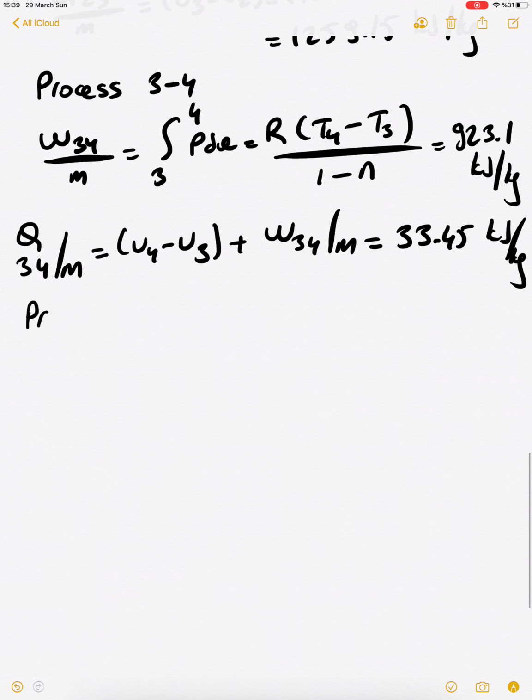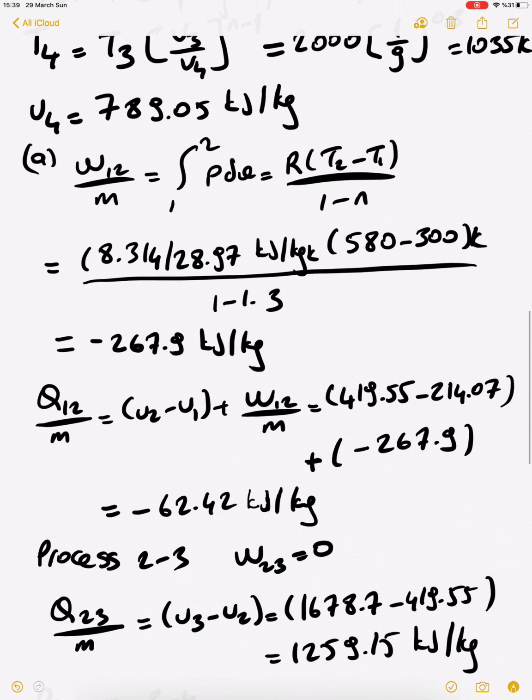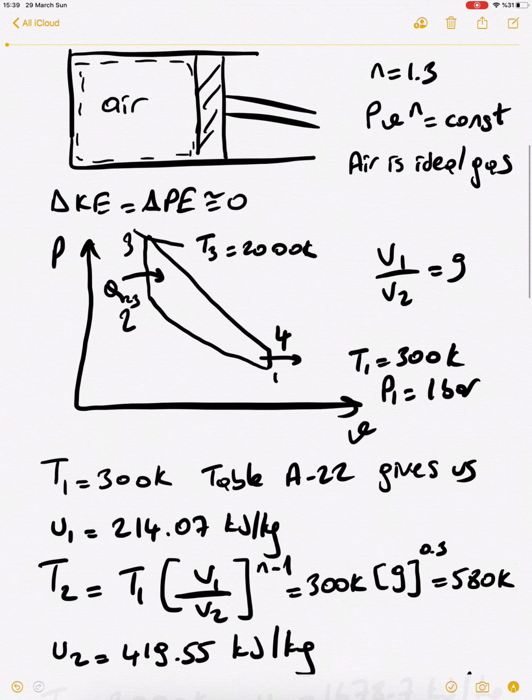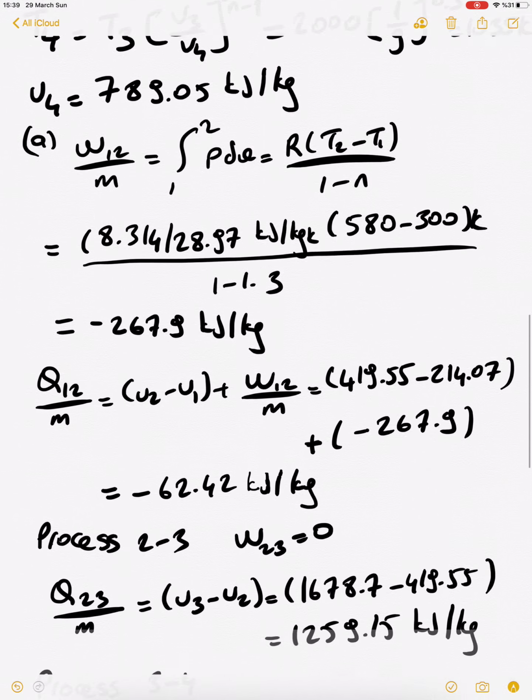And for the last process, process 4 to 1, work W41 is equal to 0. You see it here. Okay, so work is 0, and we have Q41 only.